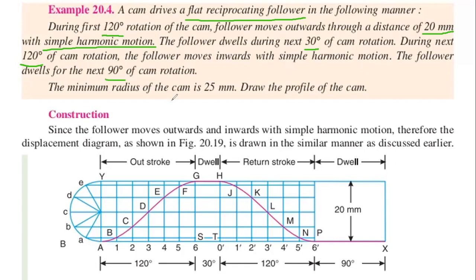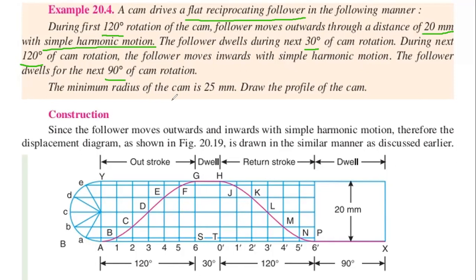That is the dwell period. So in total, we have 4 sections: first 120 degrees of outstroke, that is the outward motion; 30 degrees of dwell period; next 120 degrees of cam rotation for the return stroke; and the remaining 90 degrees is the dwell period.